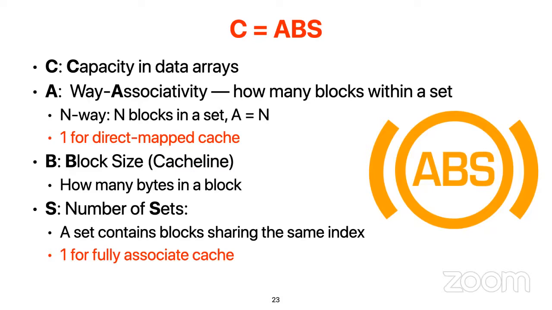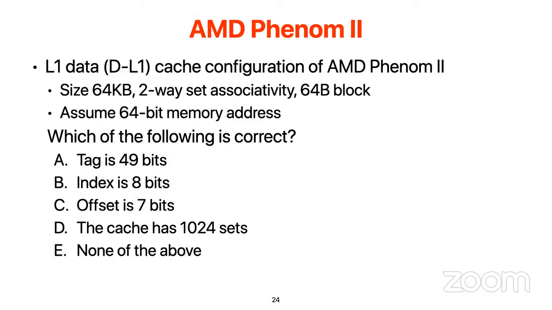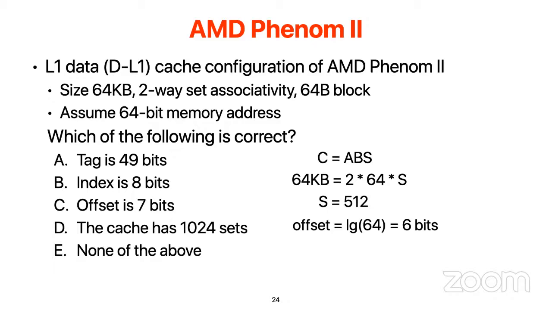And if you have a fully associative cache, which I never talk about in class in detail, you should use 1, but somewhere you will use that. When we talk about the memory DRAM, you will have a feeling for what's going on as a fully associative cache. But let me give you an example like this. If I give you an AMD Phenom II processor, which is a processor from about 10 years ago, and C = ABS, it's not too difficult for you to figure out that it has 512 sets.